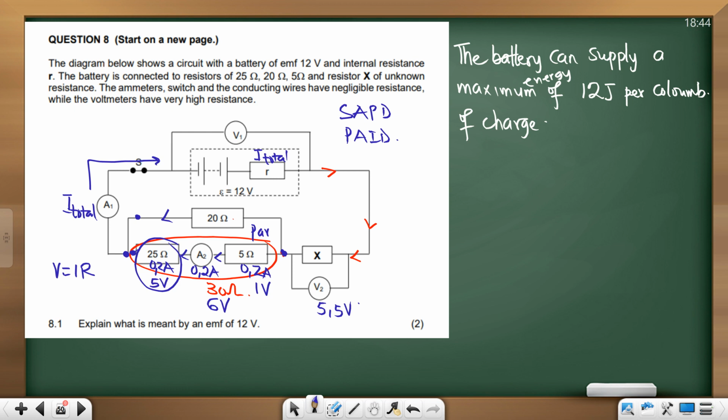Parallel are current dividers. What's constant? The voltage. It means here I also have what? 6 volts. What is missing? Current. Can you see how we're just moving? What is missing? Current. V equals to what? IR. What is my V? 6. I multiplied by what? 20. 3 over 10, 0.3.